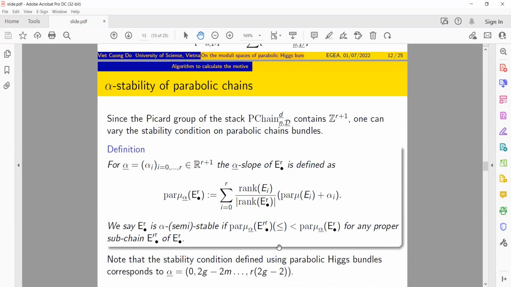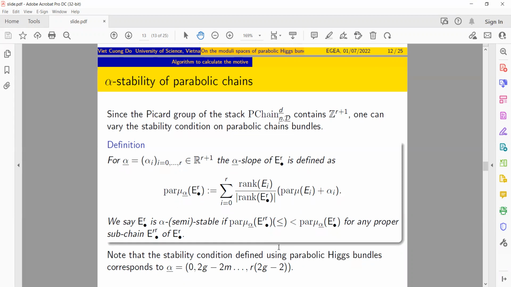You can ask the question: if I do my calculation with the alpha-stability condition, can I get back our first condition of stability? I say here that yes, for a good choice of alpha. For example, here we have alpha equal to 0, 2g minus 2.